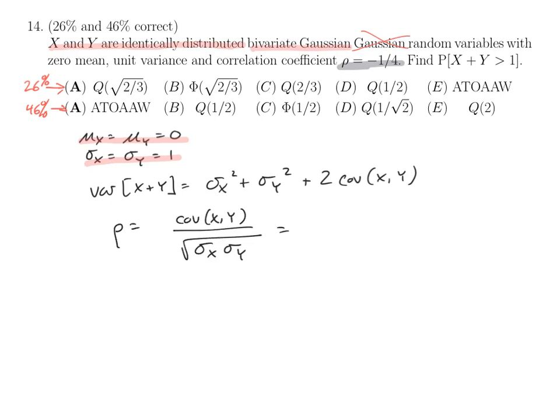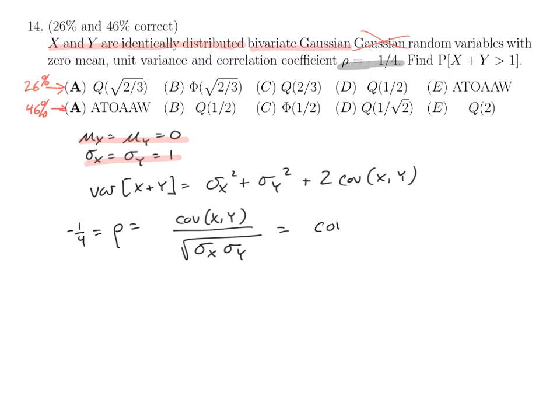But in fact, I think in every problem on this exam, I made sigma x and sigma y equal to 1, so the covariance was exactly equal to rho. And so in fact, this is equal to minus 1/4.